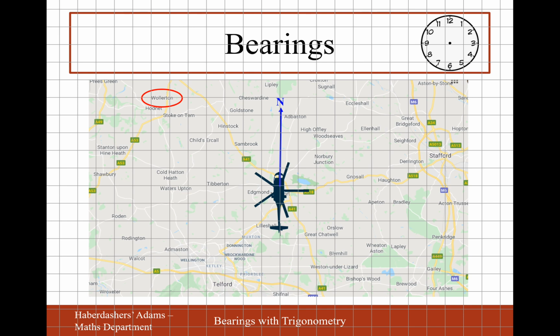So we'll know that Wallerton is 6 of these boxes across, and each of these boxes is 1 kilometre. So it's 6 kilometres across and 5 kilometres up, because that's how many boxes we have on our map here. So 6 kilometres to the left, 5 kilometres up, or 6 kilometres west, 5 kilometres north.